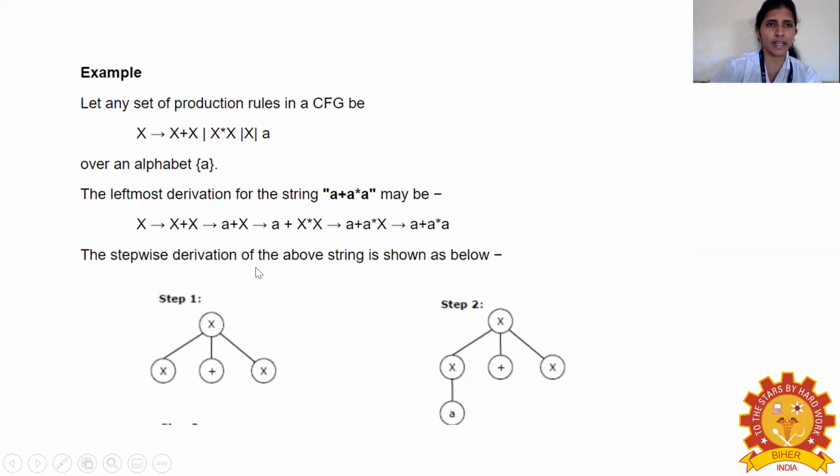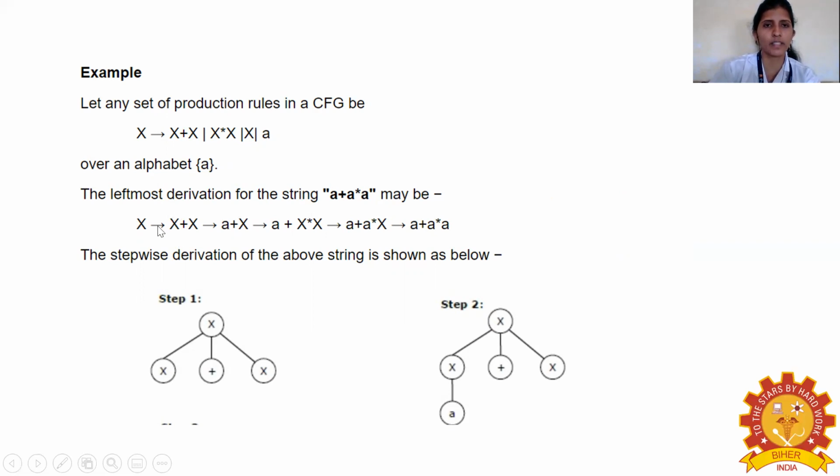Let us see an example. Let the set of production rules in a context-free grammar be X → X + X, or X * X, or X, or a, over an alphabet {a}. So the leftmost derivation for the string a + a * a may be as follows.